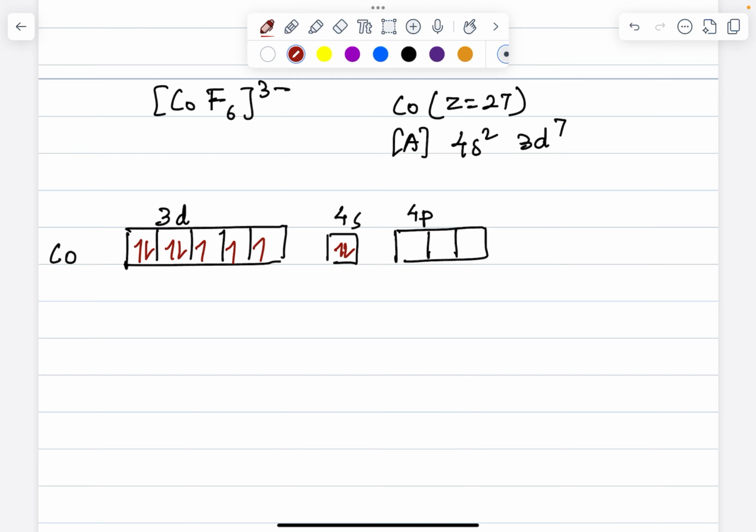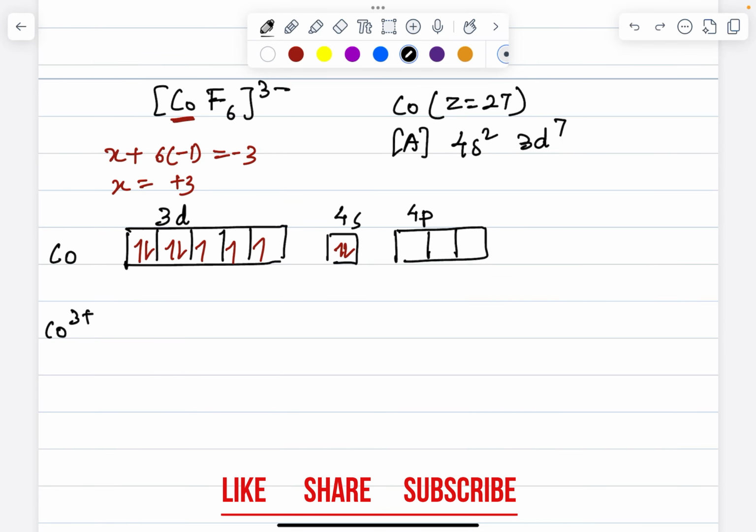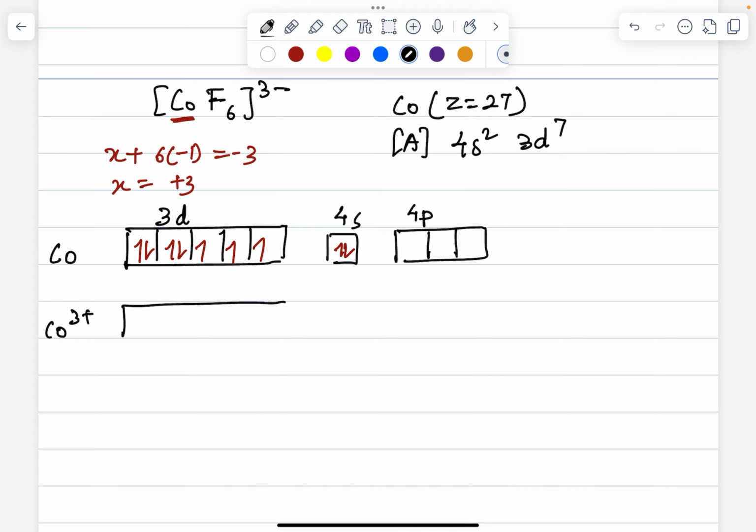Oxidation state of the cobalt over here: X plus 6 into fluorine, which is minus 1, is equal to minus 3. X is equal to plus 3, meaning I am removing 3 electrons. These two and 1 electron from the d. 1 2 3 4 5 6 is what remains at the end.